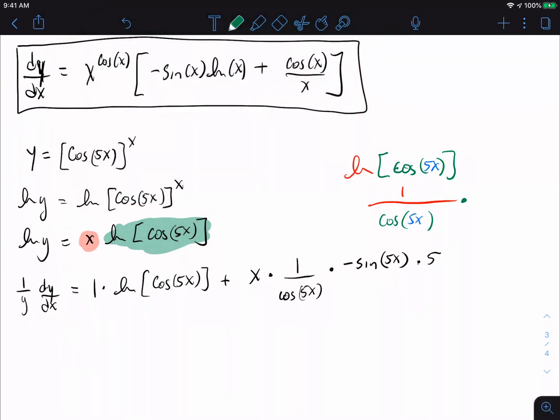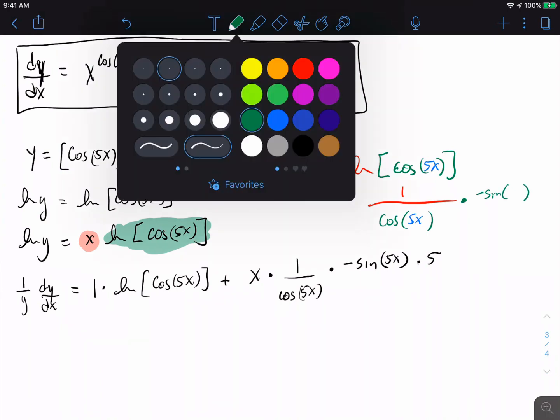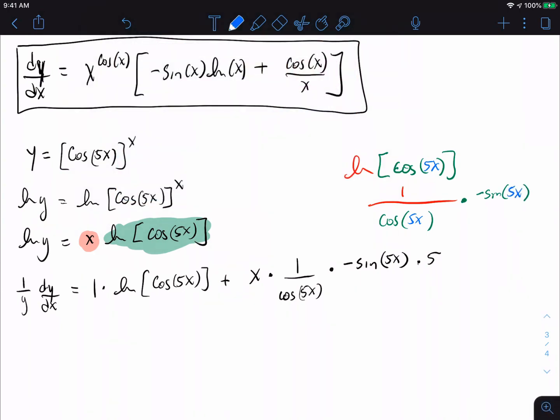But then the next piece is the green. So red was the first, then the green, the derivative of the green is negative sine the 5x, and now I got to do the blue, and the derivative of 5x is 5. Does that make sense with the color?